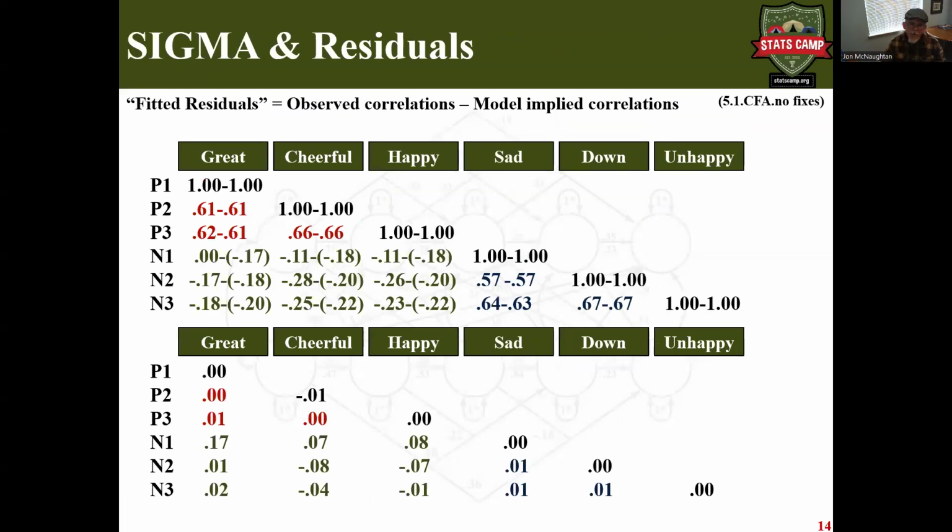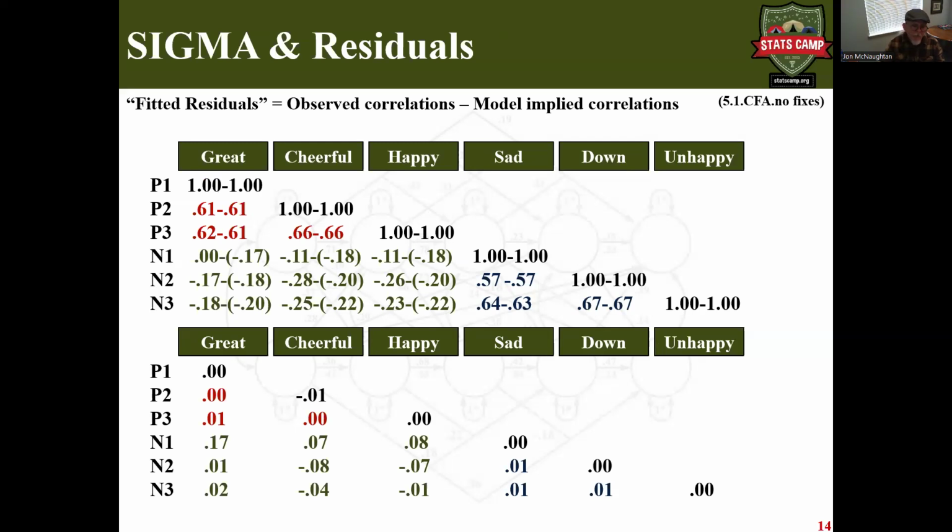Then we have what's called the fitted residuals, which is going to be the difference between those observed correlations and the model implied correlations. And we use those residuals to say, okay, if we glance at the bottom part of this, we see that those residuals are very close to zero. They average zero, and most of them are small and trivial.